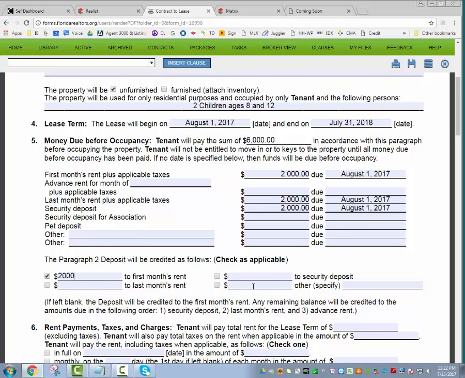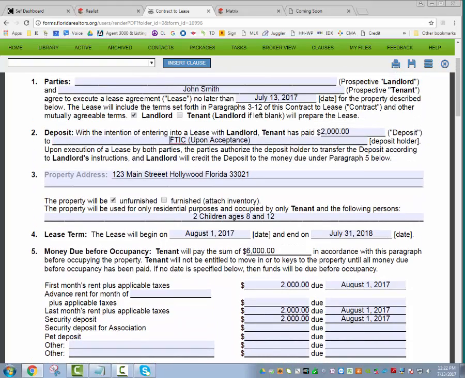You do not put it towards security deposit because commissions cannot be given from security deposits. So often, if the rent commissions, let's say, is a half a month each side, that would be $1,000 each side. The title company at closing can write the checks to each of the two real estate companies from this escrowed $2,000.